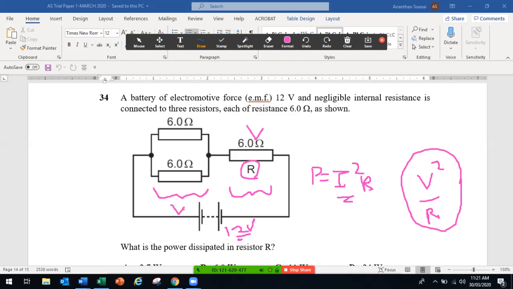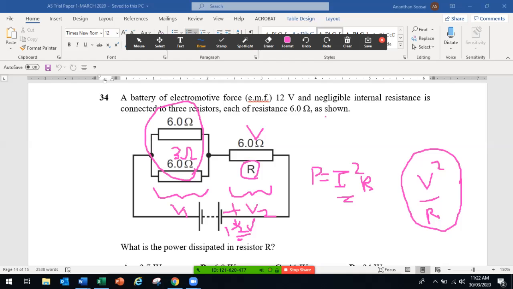This is your V1, this is your V2, right? So V1 plus V2 should be 12 volt. V2 is the 6 ohm resistor. V1 is used by how many ohm resistor? Combined is 3 ohm. So 3 uses V1, 6 uses V2.